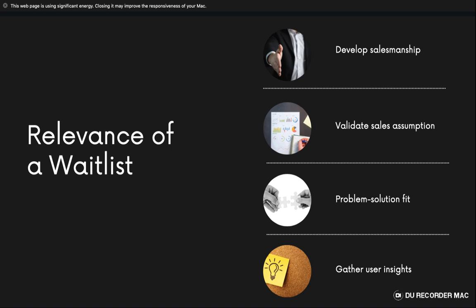It helps you develop salesmanship, being that it gives you the opportunity to test your ability to sell your products, which is very important. We're not intending to help you become a founder that can't sell their products.